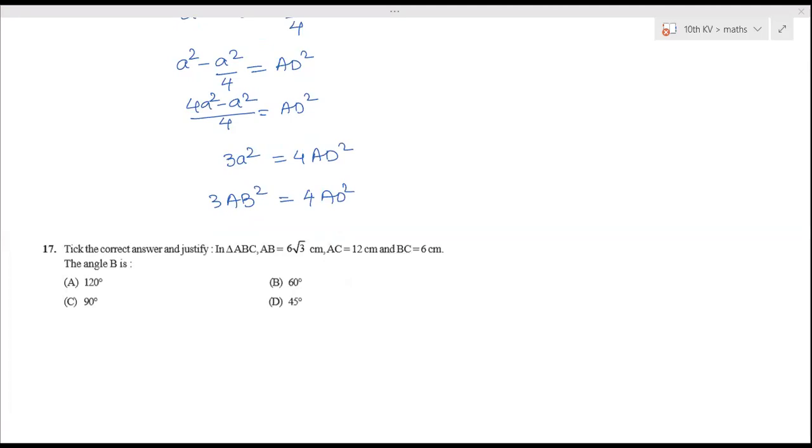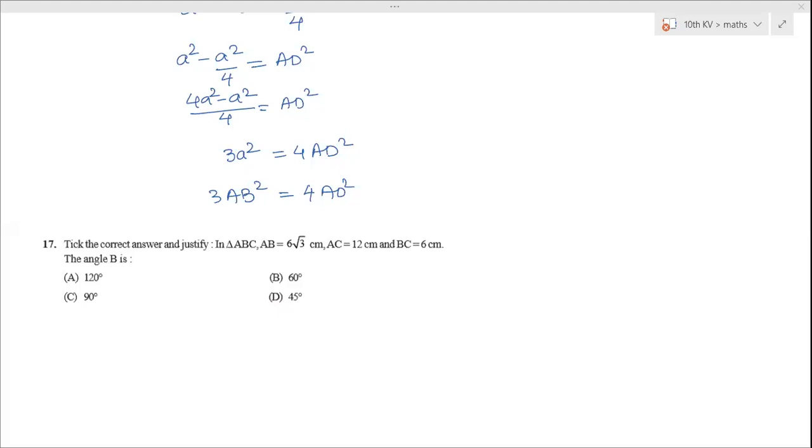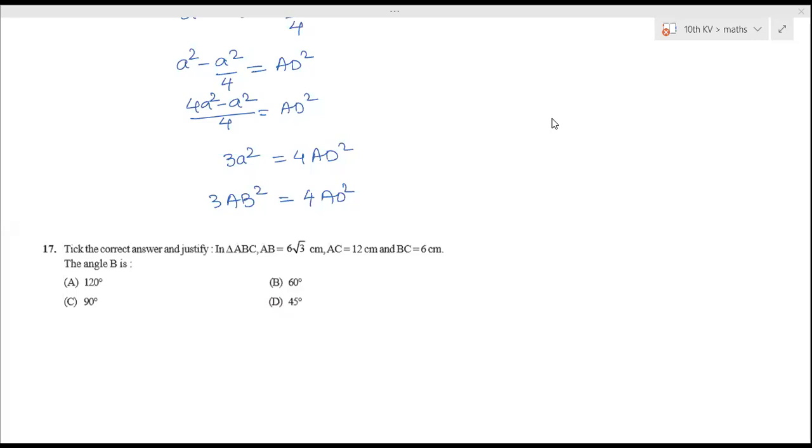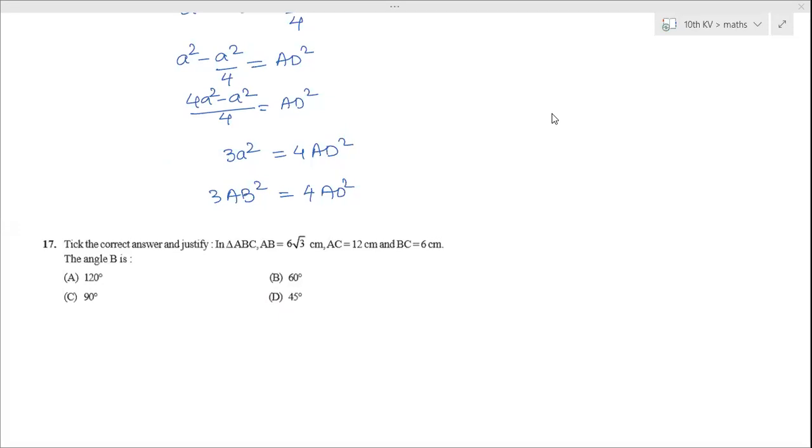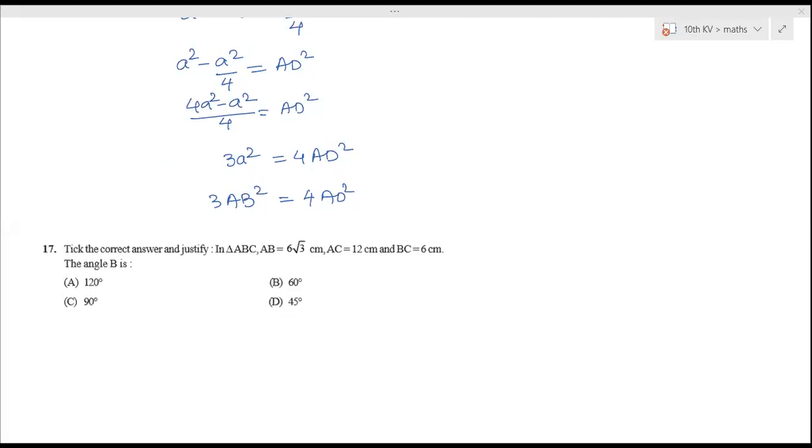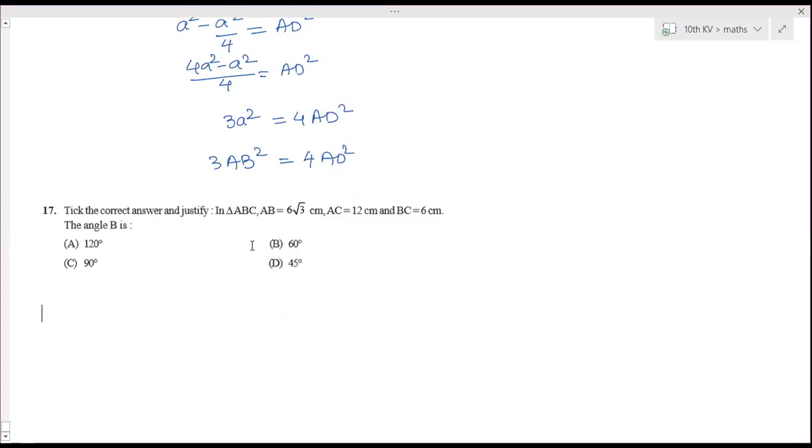That means it is a 90 degrees, a right angle triangle. So angle B is 90. AC is the side opposite to angle B. So angle B will be 90 degrees.